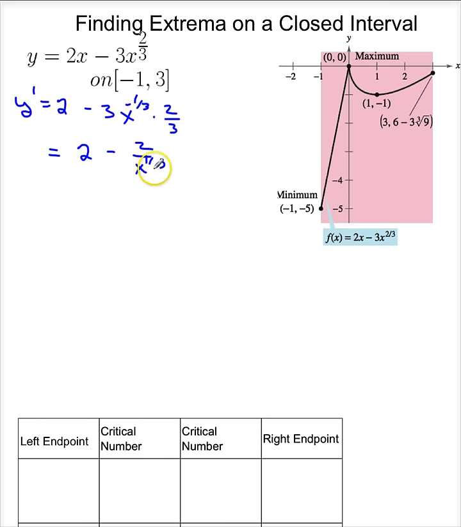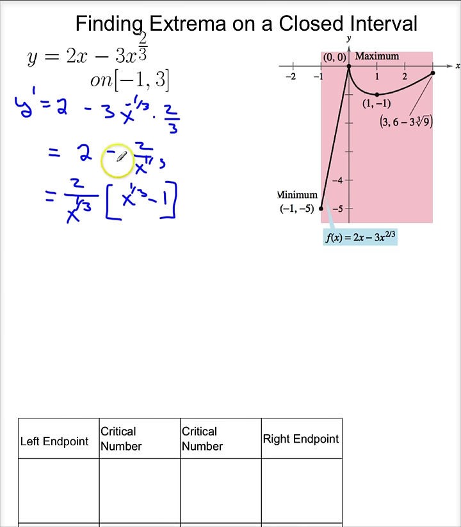Now, there's a trick here. You don't want to start dividing things out. What I want you to do at this point is to factor out anything in your denominator. So when I factor it out, I'm not going to lose any roots. So this becomes 2 times (x to the 1/3 minus 1) over x to the 1/3.